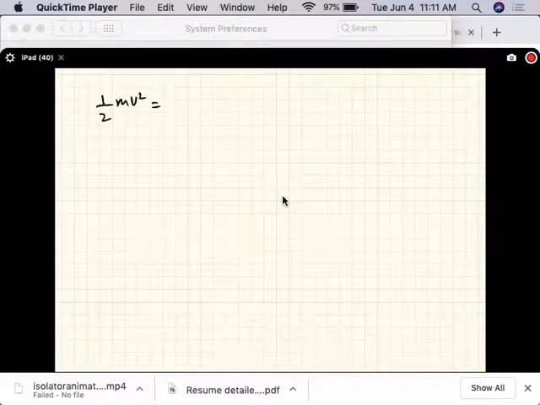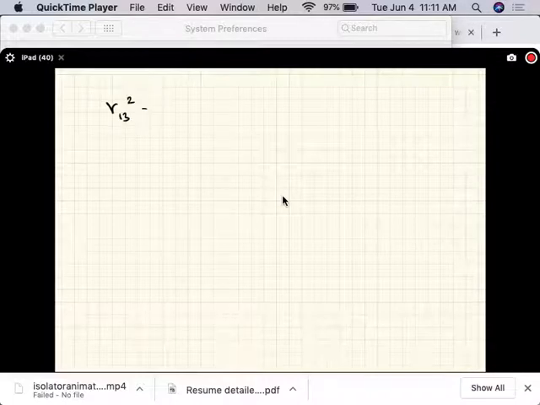Let me calculate those distances first. R13 initial is 9 plus 4, 13, square root of 13.